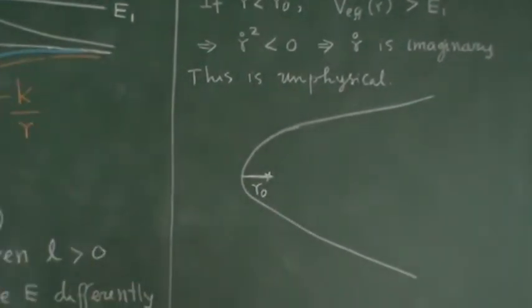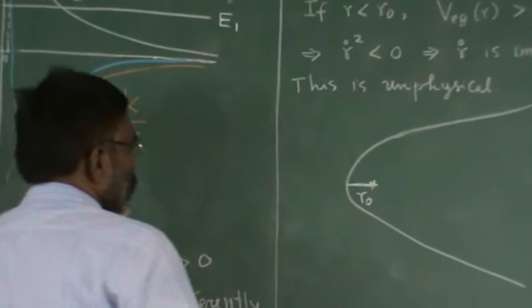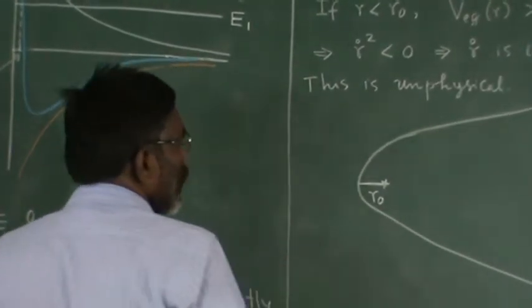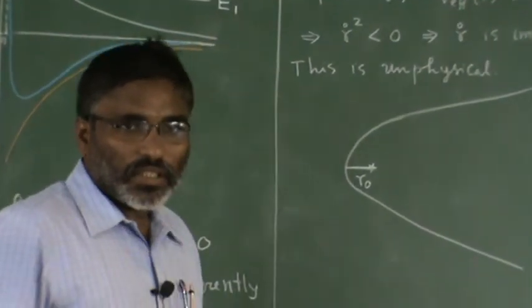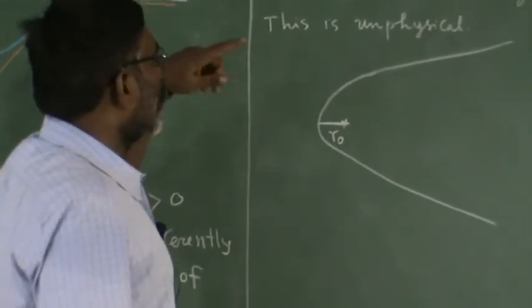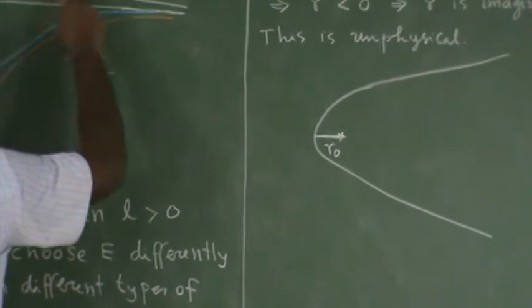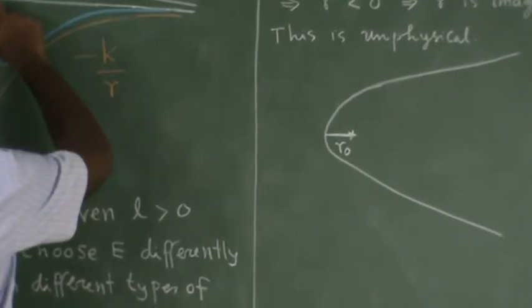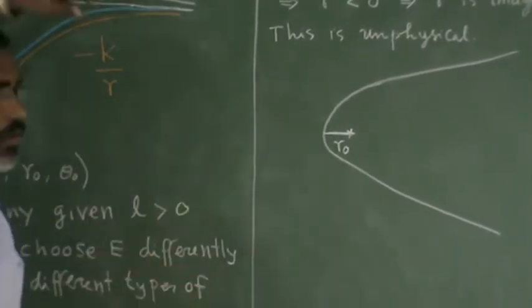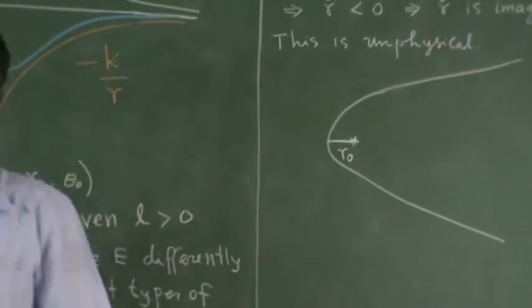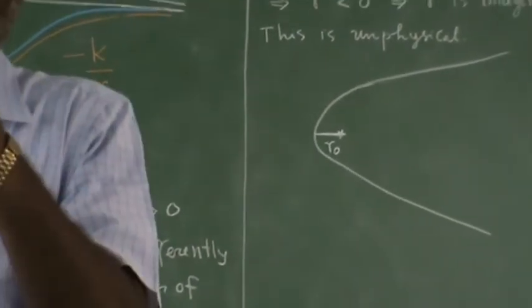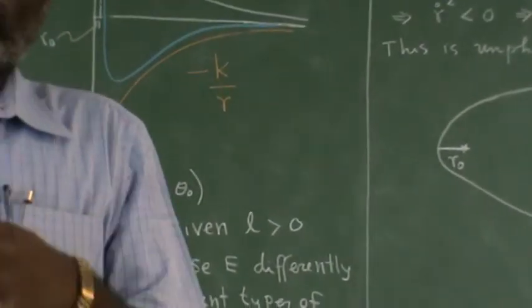Now case 2 actually doesn't change much, because case 2 is if E is equal to 0. That means if it is like this, then a similar orbit will be there, but for reasons which I talked about this morning, this will not be a hyperbola, but a parabola.